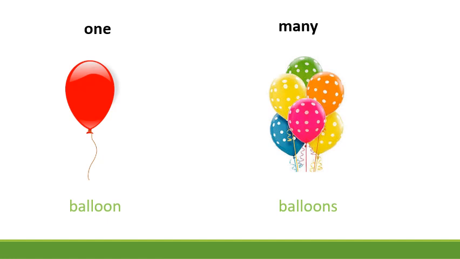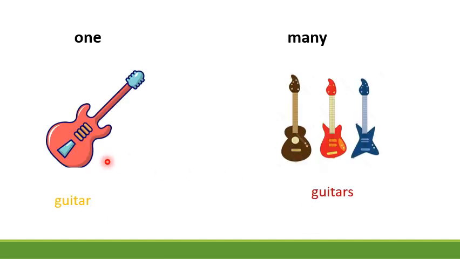Now, we'll see the next example. What is this picture? Correct. It's a guitar. There is only one guitar. And on the right hand side, there are more than one guitar. So here is only one guitar. Here, if it is more than one, we call it many.